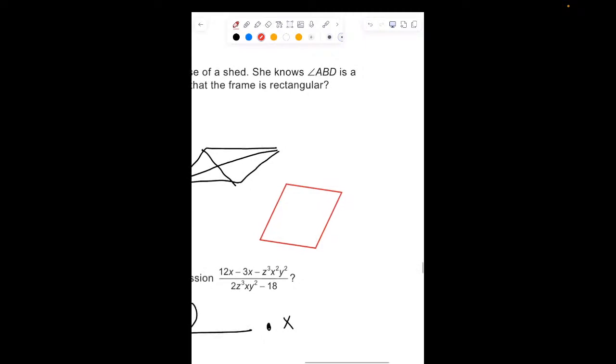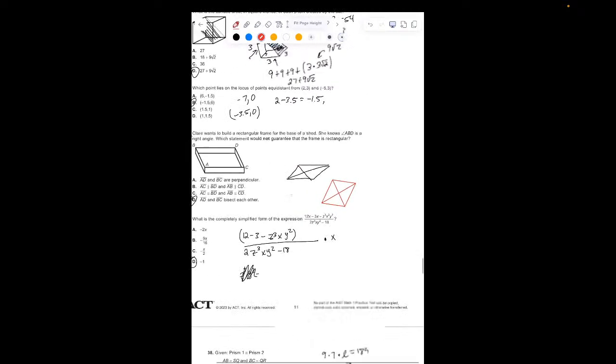You're telling me that if I have something not a square, those bisect each other, do they not?